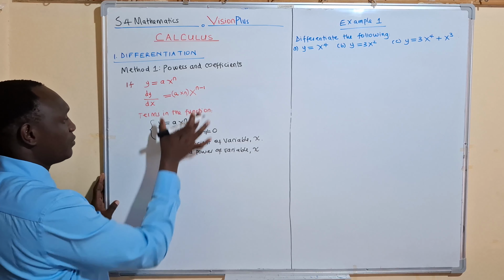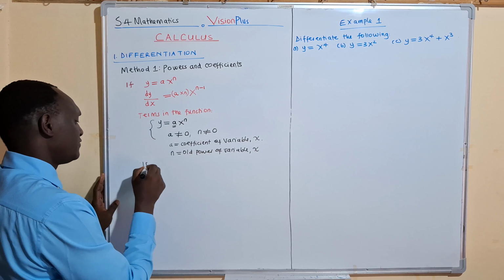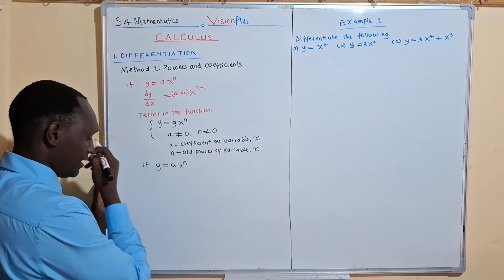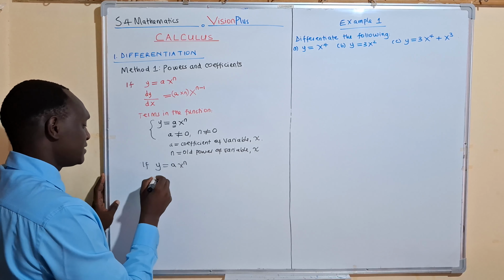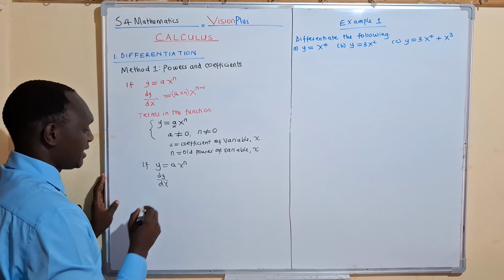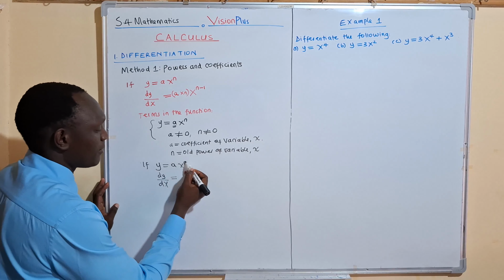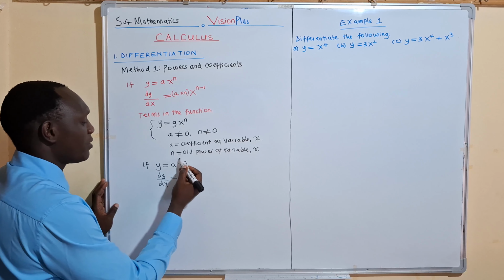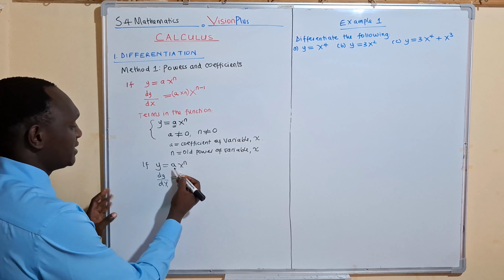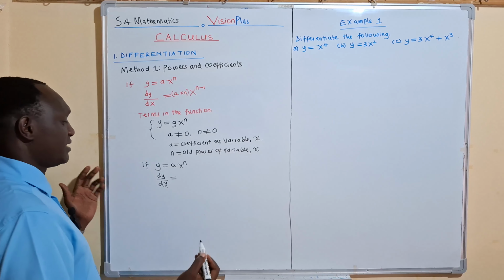Now I'm going to repeat what I explained in the first case, which is actually the same thing. If you have the function y given as ax power n, and you are to differentiate it, that means differentiating y with respect to x, that is dy dx. You lower the power first. The moment you lower the power, you find a number here, which is always there, either 1 if you don't write it, 2, among others.